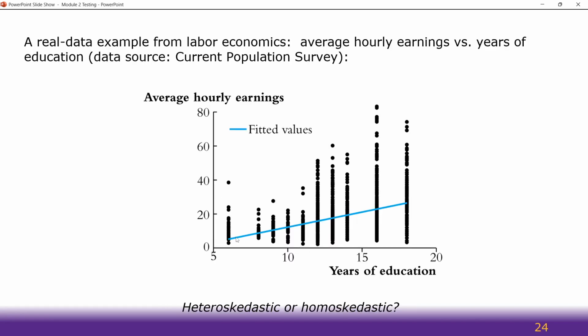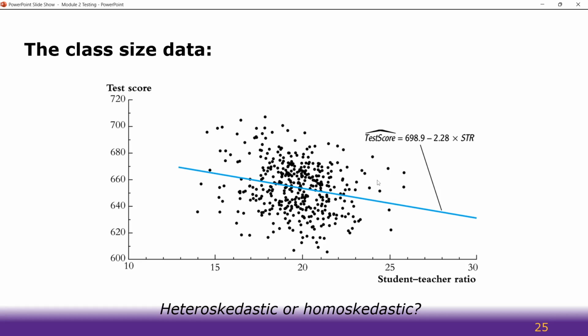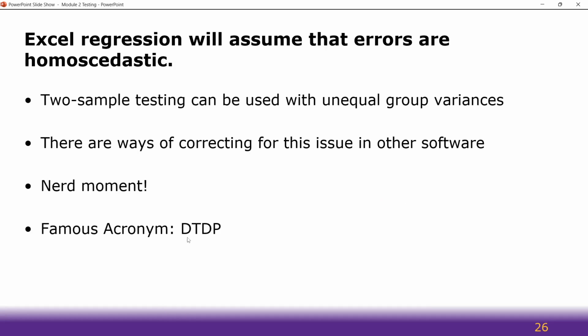Or here, I see, okay, well, it still doesn't look like a huge amount of explanatory power, but the heteroskedasticity is very apparent in terms of the variation that we have for these highly educated people on the right-hand side of the sample. Heteroskedastic, maybe homoskedastic. All right, draw the darn picture.